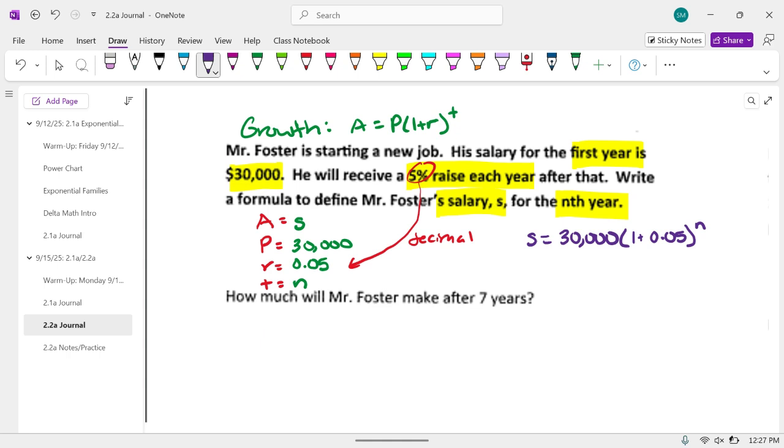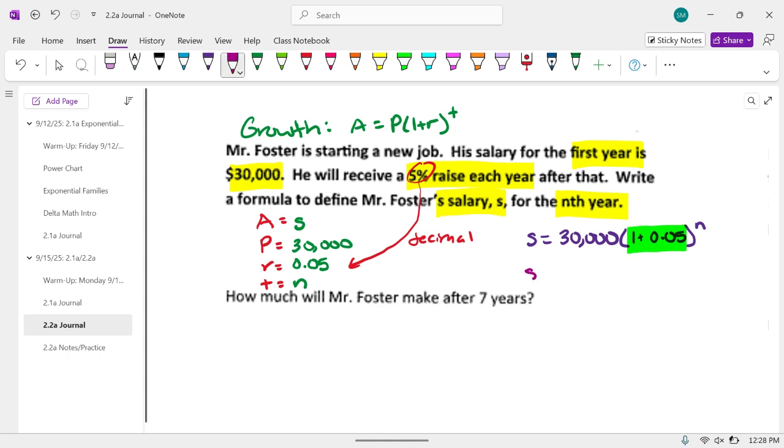Now, I can do a little bit of extra simplifying, specifically right here. That's the only part of simplifying you need to do, just add or subtract those two values together. So what's 1 plus 0.05? 1.05.